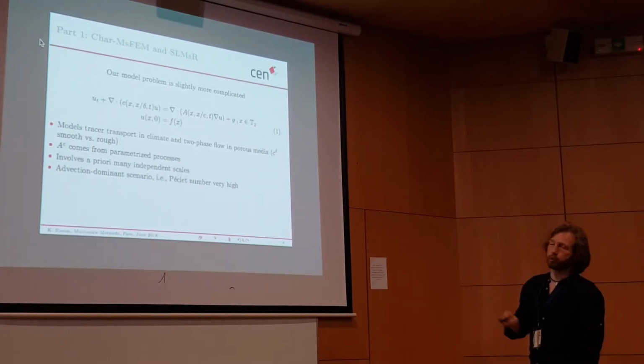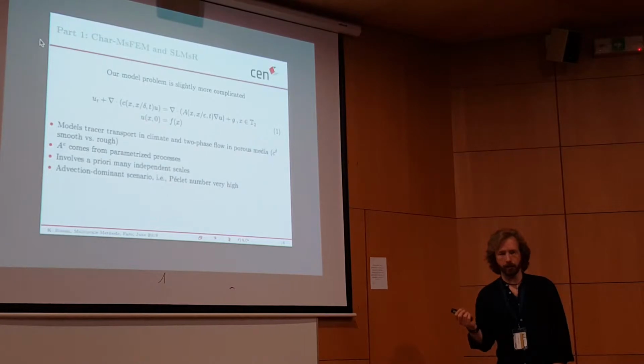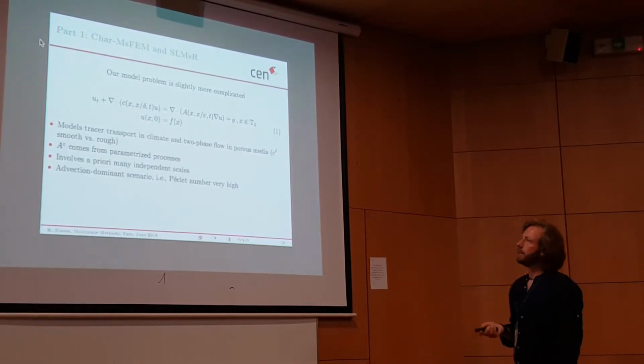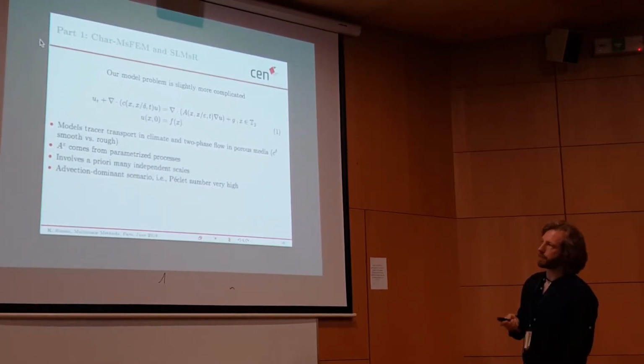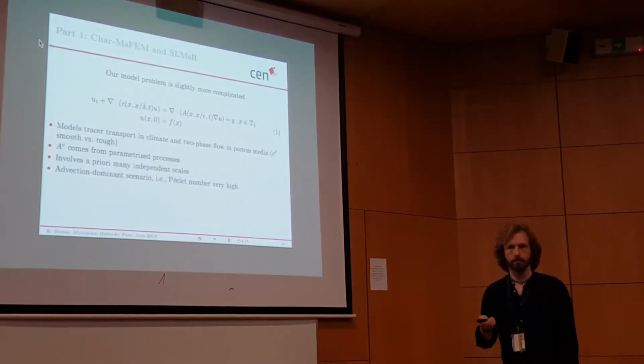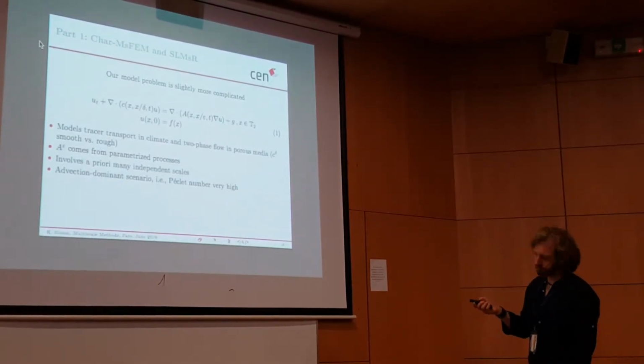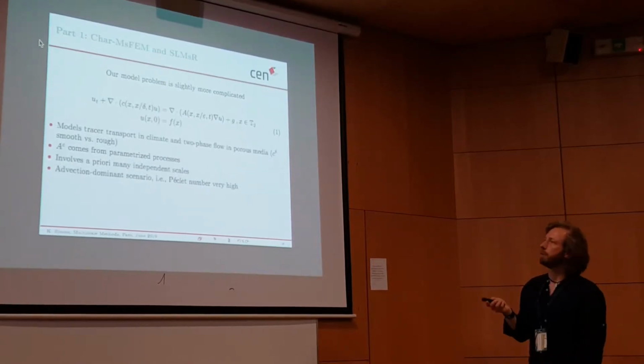We want the Peclet number to be high. The Peclet number is something like the Reynolds number for flow problems. It tells you how dominant the advection is. So the velocity can come from, I don't know, two-phase Darcy flow or from some discretization of a climate fluid problem.